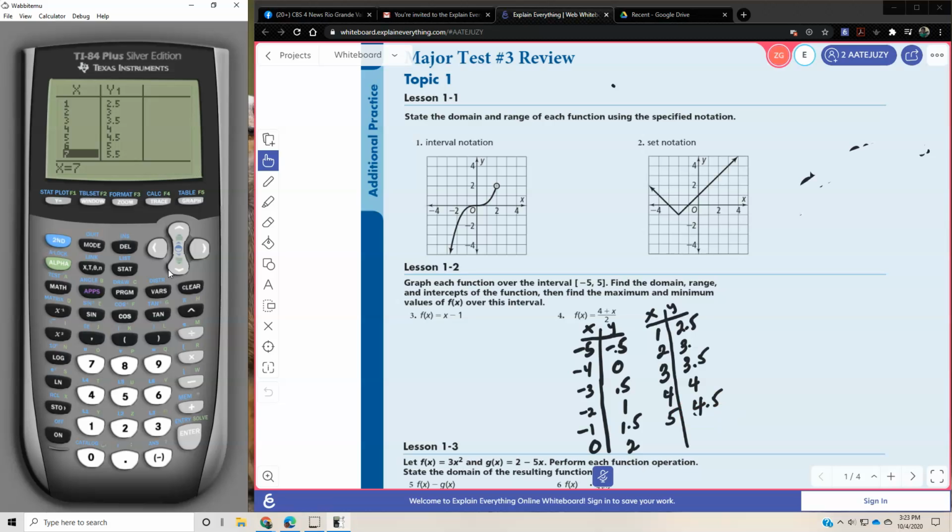So you have 4.5, and this value here is your max. This value here is your minimum.